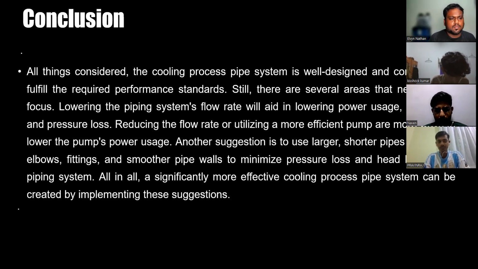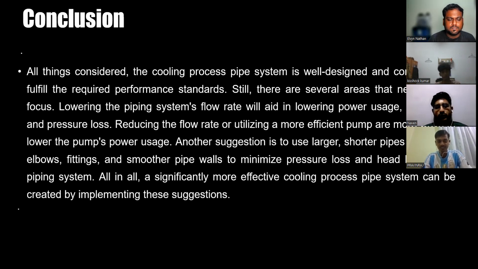For the conclusion, all things considered, the cooling process pipe system is well designed and competent to fulfill the required performance standards. Still, there are several areas that need further focus. Lowering the piping system's flow rate will aid in lowering power usage, head loss, and pressure loss. Reducing the flow rate and utilizing a more efficient pump are more ways to lower the pump's power usage.